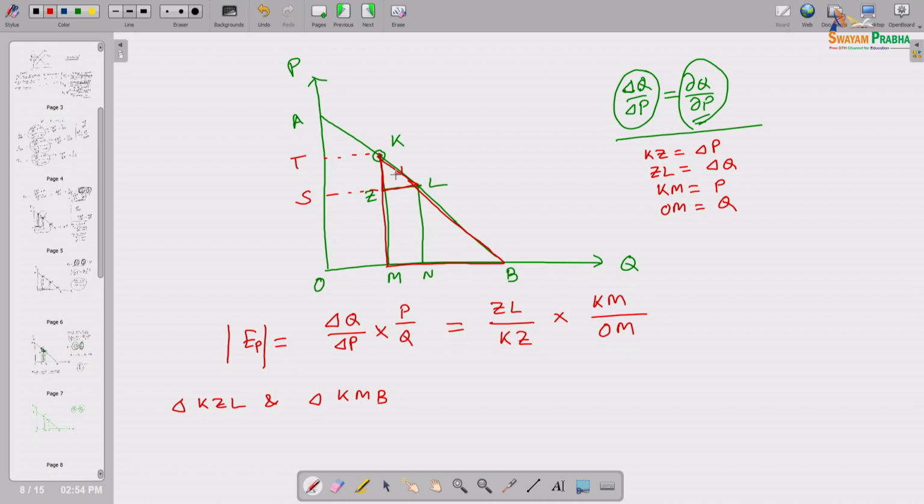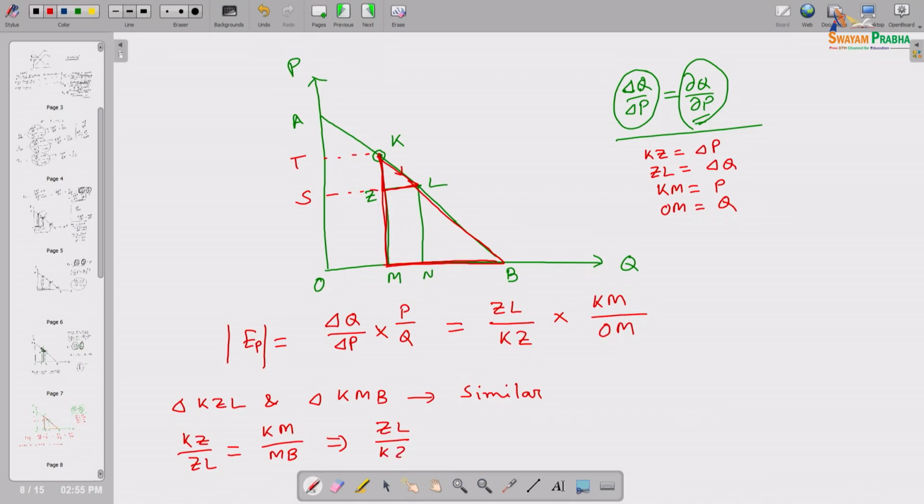So, clearly we are seeing that these two triangles are similar. By the properties of similar triangles, we can surely tell that this by this ratio, or say KZ by ZL, must be equal to KM by MB, because KZL and KMB are similar triangles.